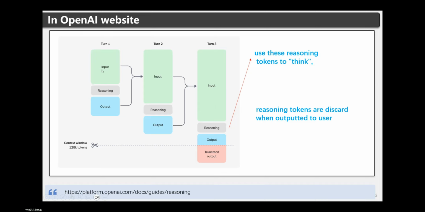The input and output tokens will be combined together and fed in as the input in the next turn, and the input and output of turn 2 will be combined as the input of turn 3. Very important here is that reasoning tokens will be discarded when output to users.